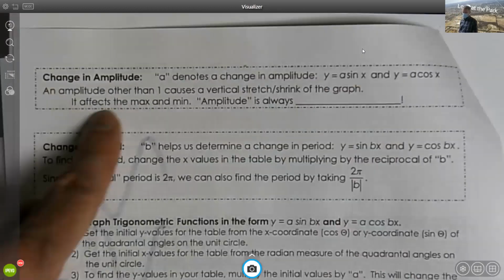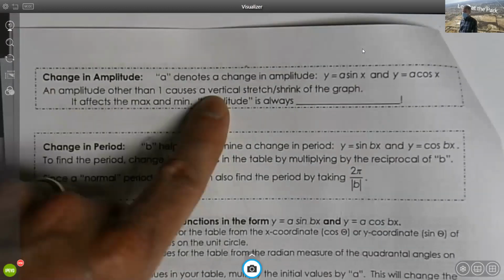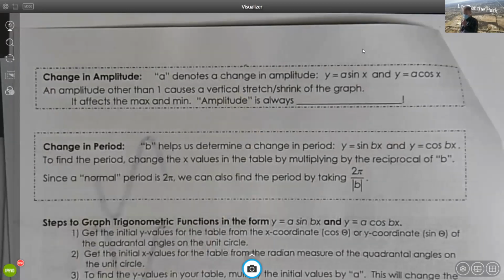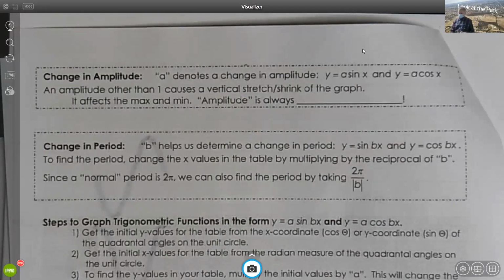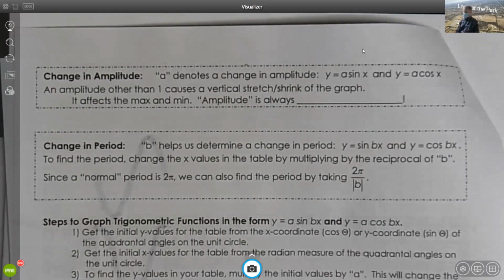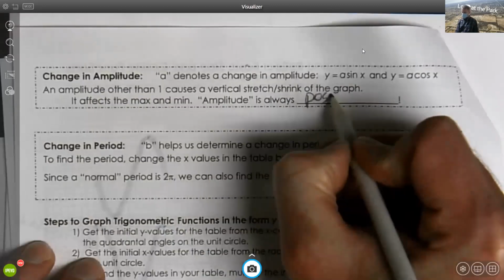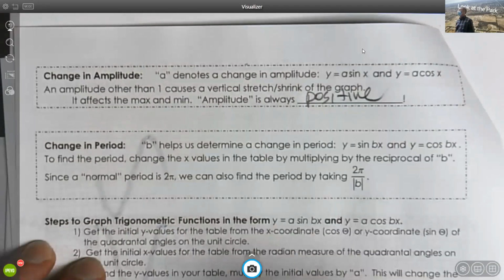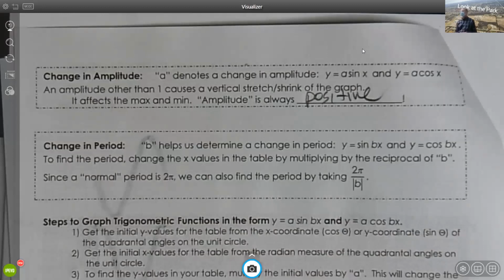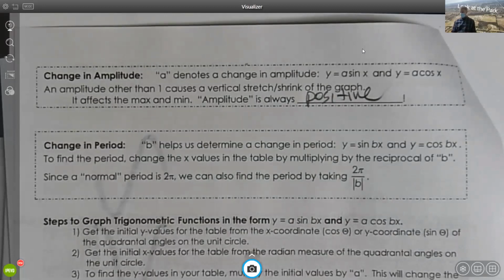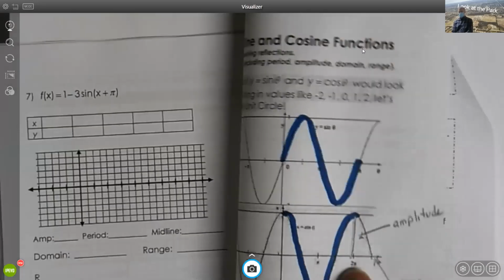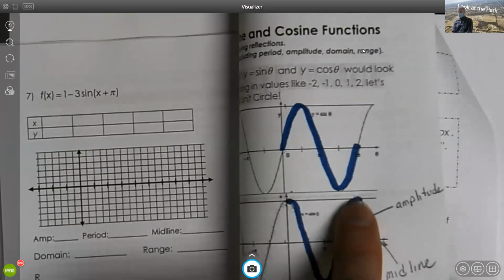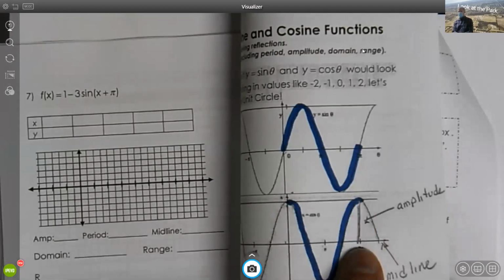An amplitude other than 1 causes a vertical stretch or shrink of the graph. It affects the maximum and minimum. The amplitude itself is always a positive value. Remember, looking at the note that we had on the other page, the amplitude was the distance from this midline to the maximum.